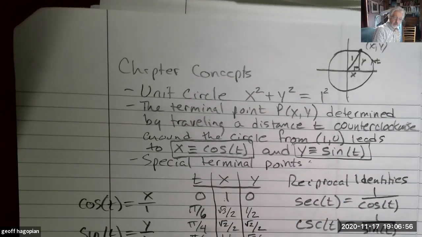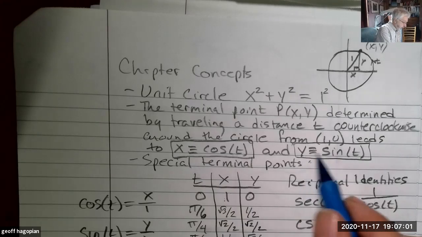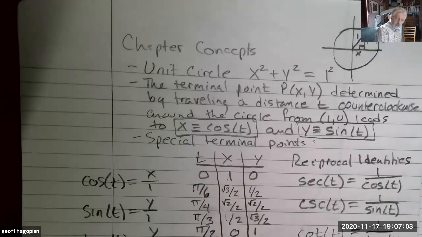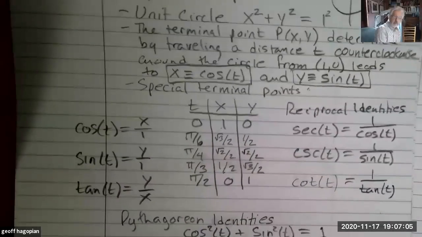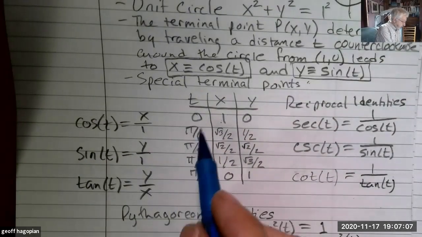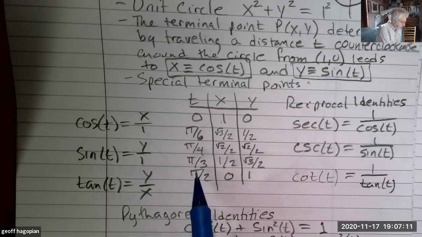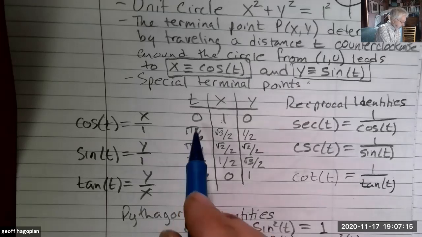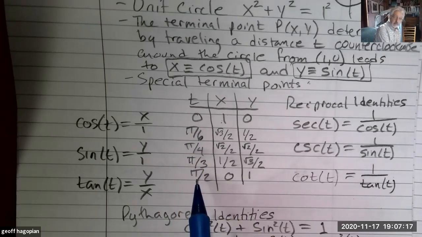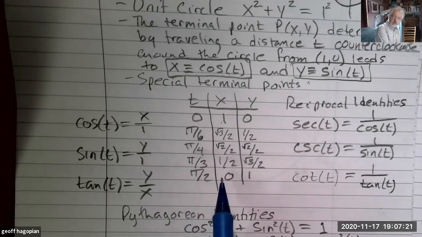So the x coordinate is defined to be the cosine of t, and the y, the sine of t. And we have some special terminal points, which are all multiples of pi over 12, and conspicuously absent from this list are 1 pi over 12 and 5 pi over 12, which we don't know how to find exactly. Later on, you will learn how to find those exactly in terms of radicals.